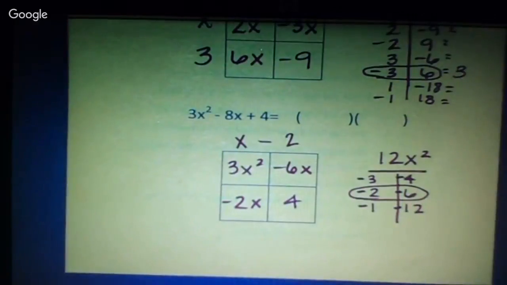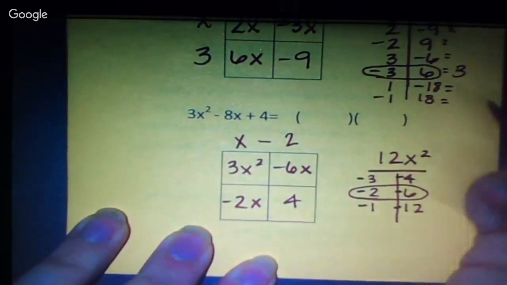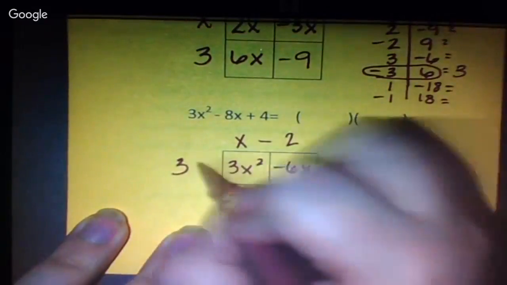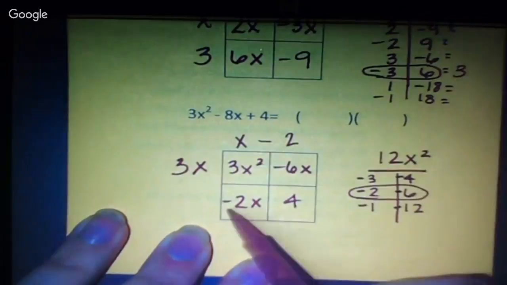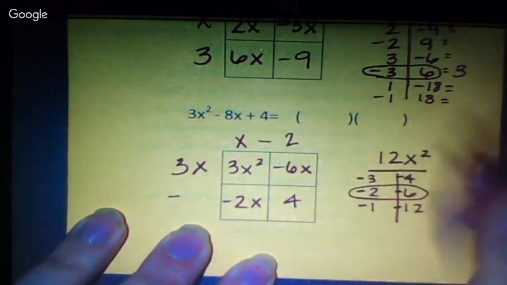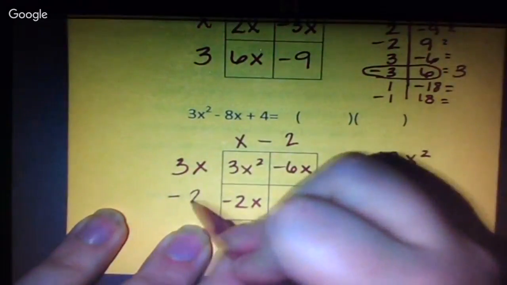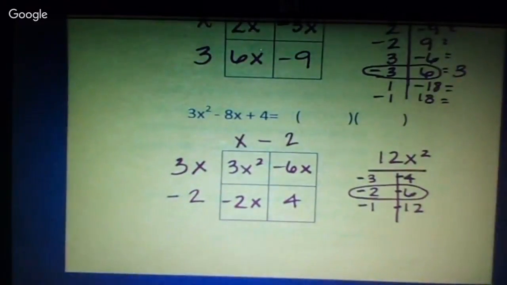When your leading term is a negative, pull out a negative. So when I go across here, I've got 3x squared and -6x, so 3 and x. Here I've got that leading term again that's a negative, so I pull out a negative, and this is going to be a 2.